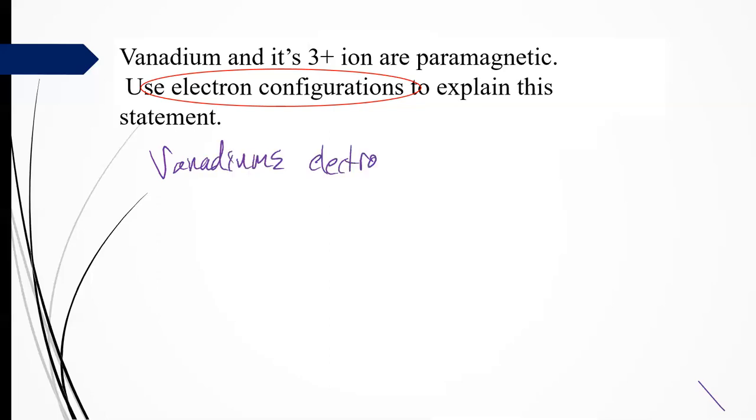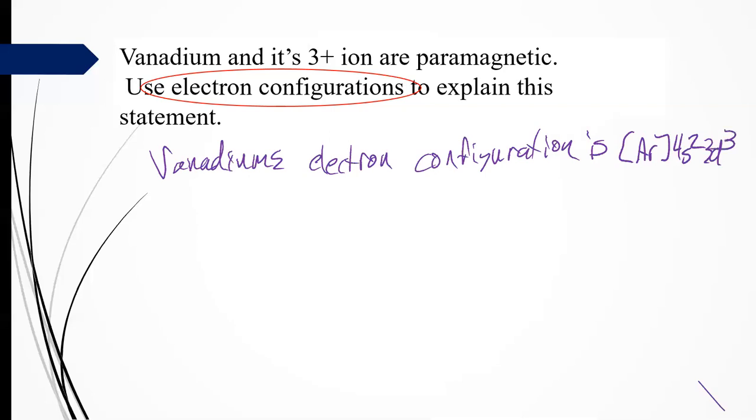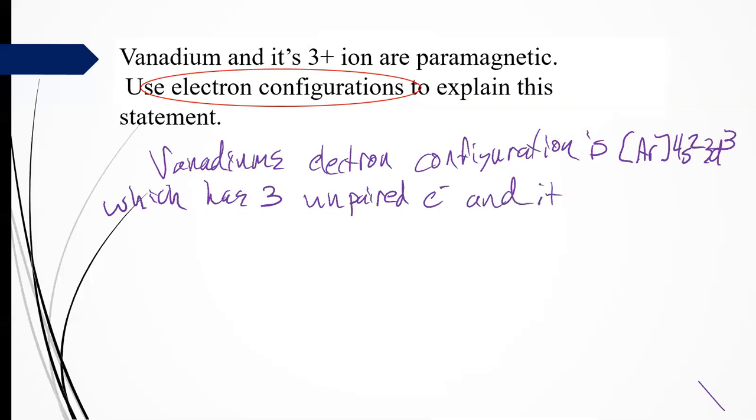So vanadium's electron configuration is [Ar] 4s2 3d3, which has 3 unpaired electrons, and its 3+ ion is [Ar] 3d2.